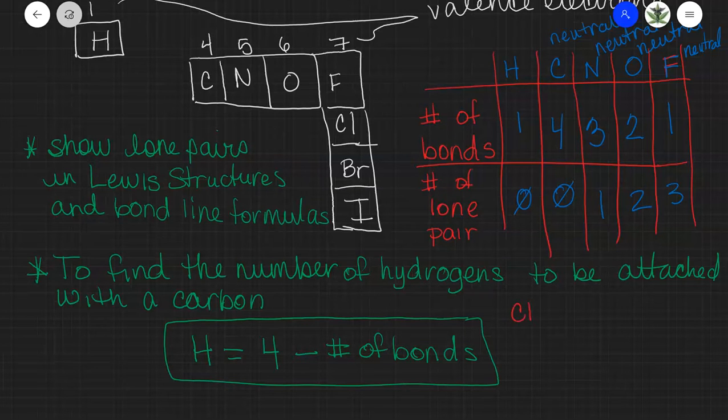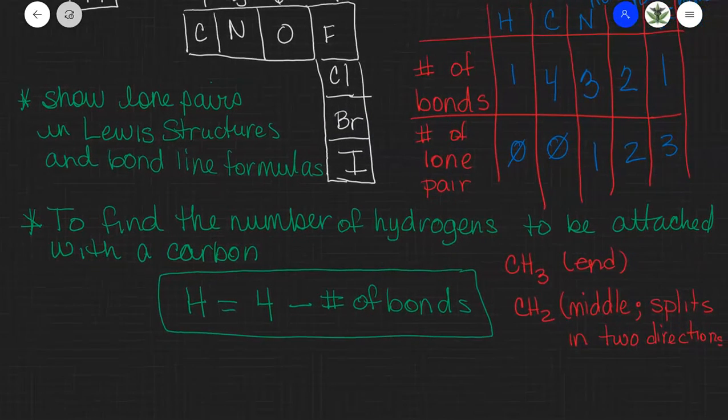We said that a CH3 group is going to be on the end. We said that a CH2 group is going to be in the middle. And being that it's in the middle, we also said that it splits in 2 directions.